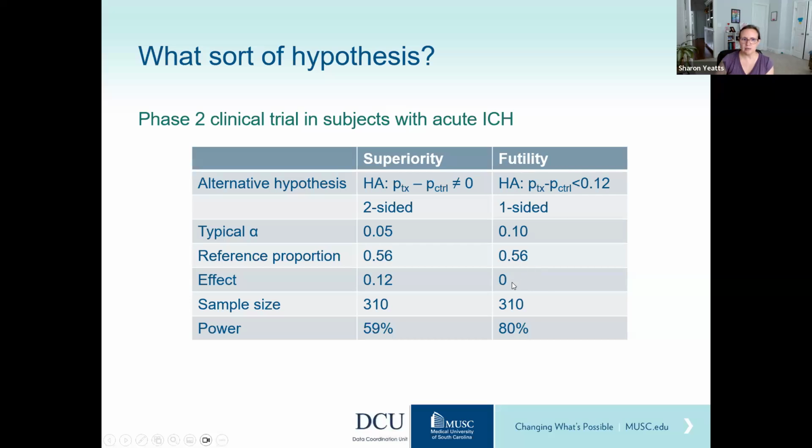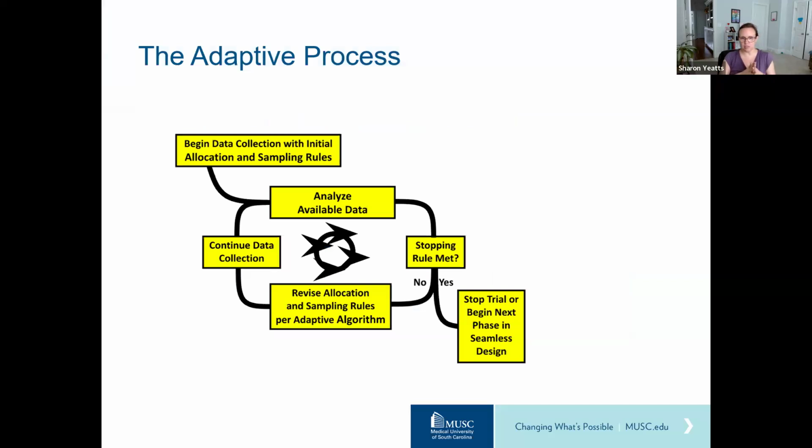And then under the same conditions, my 310 participant phase 2 study has 80% power to test this hypothesis, right? So now it's not an underpowered phase 3 study, and you have statistical support for the go, no-go decision that you're going to be basing the next step on. Okay, so again, thinking through what sort of hypothesis do you really need to test?